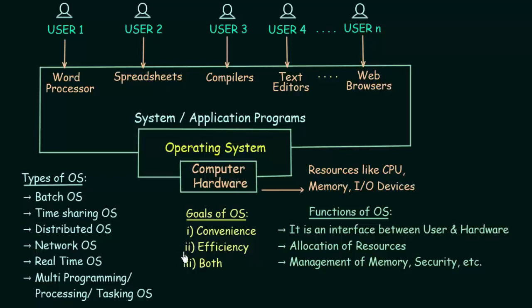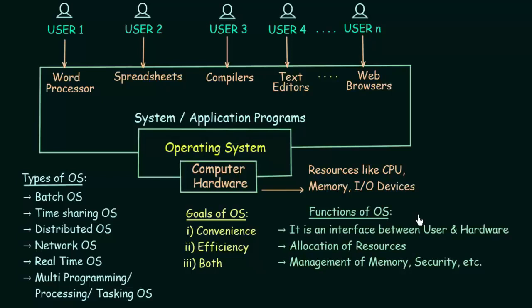Many operating systems are designed mainly for convenience, some are designed for efficiency, but many of the operating systems are designed for both convenience as well as efficiency. So these are the goals of the operating system, which we achieve by the functions of this operating system.